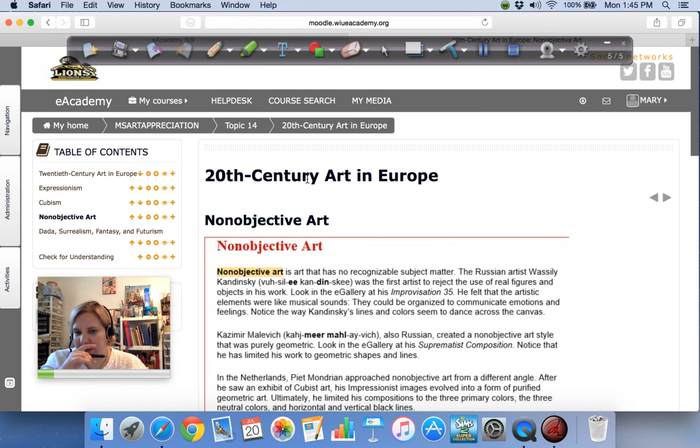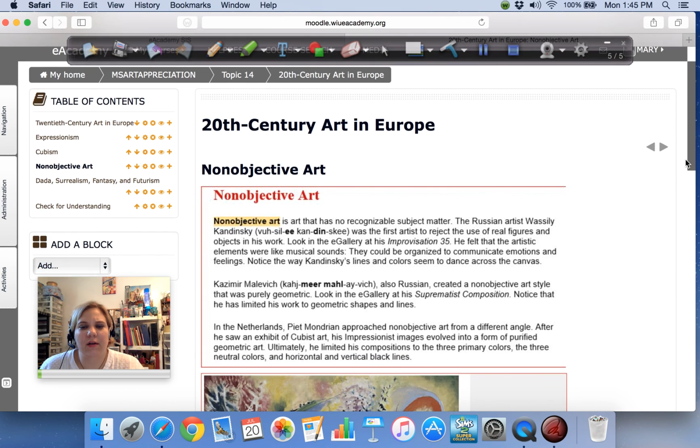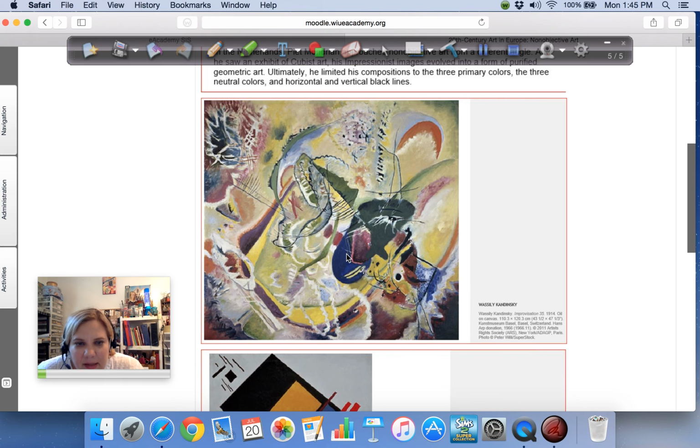It didn't really exist before artists like Kandinsky and Mondrian, who did this non-objective art. Let's just take a quick look. Here's the Kandinsky, all these different shapes and colors. And let's see what year. This was 1914.